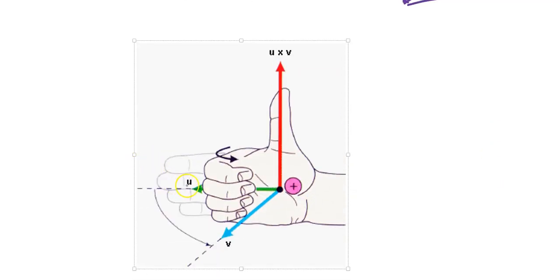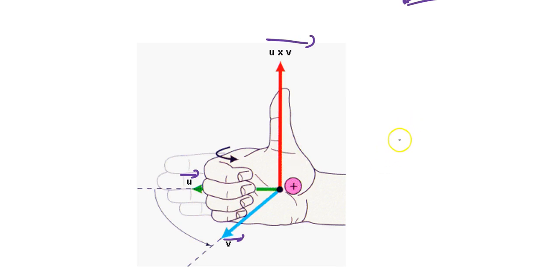This is the vector U, this is the vector V, and this is the vector U cross V. When you curl your fingers from U to V, the direction of the resultant vector, that is the cross product vector U cross V, is in the direction of the thumb. That is, you see, this is perpendicular to both the vectors.